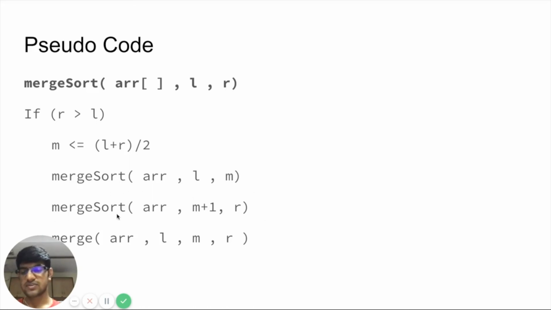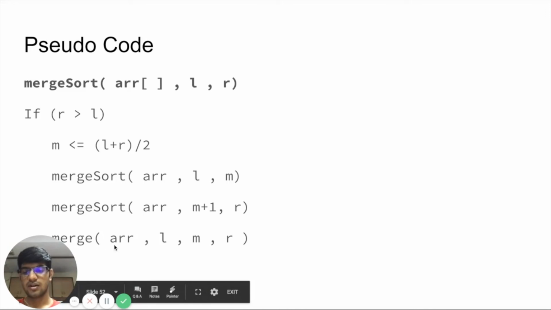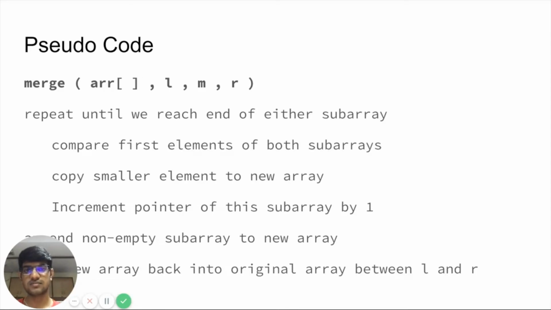After these two steps, the array would have been sorted between the indices L to M and from M plus 1 to R. However, it is not sorted as a whole between L and R. So we need to perform the merge step and give it the parameters array, L, M, and R. Now let us look at the intricate details of the merge procedure.